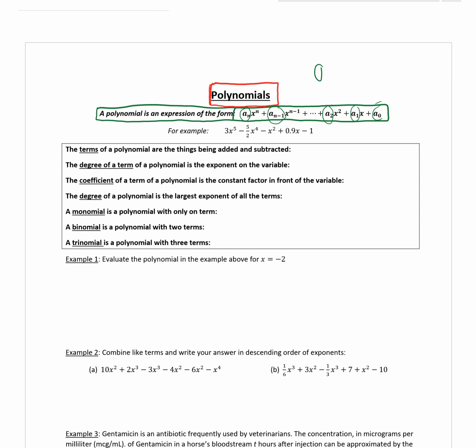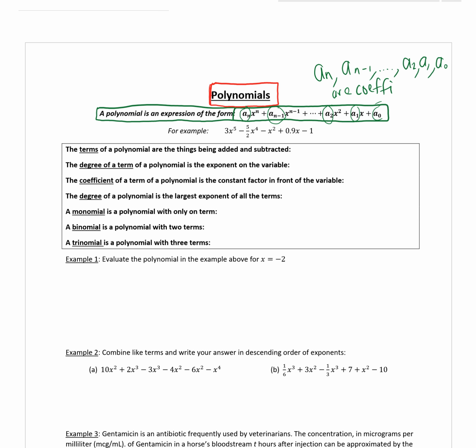There's a dot in the middle of that polynomial because you don't really know how many terms there are. There could be a lot, there could be very little. That's why the dot's there, to say I'm not sure how many terms are in between the ones I've written here, but however many there are, they would be in here. So these are the coefficients.